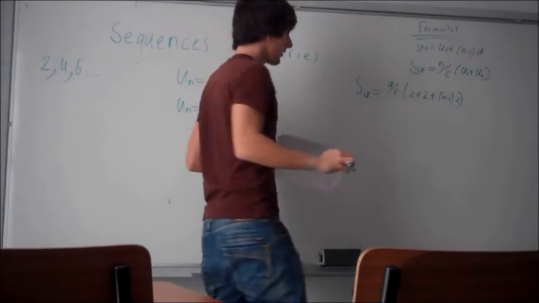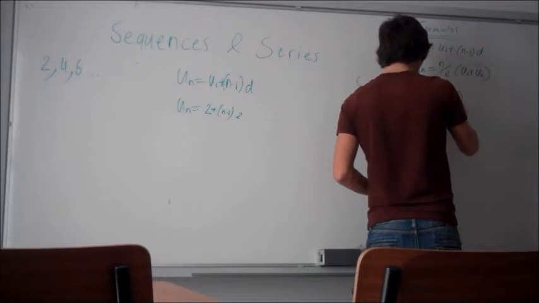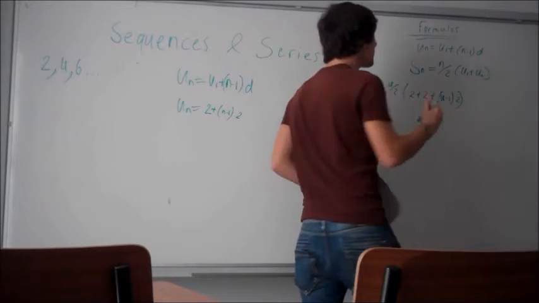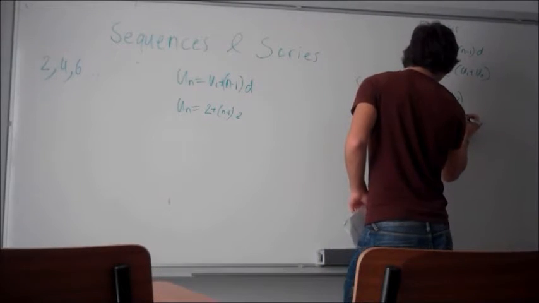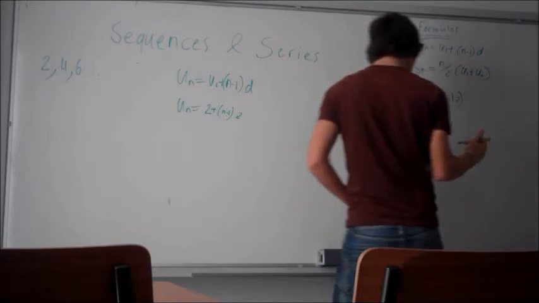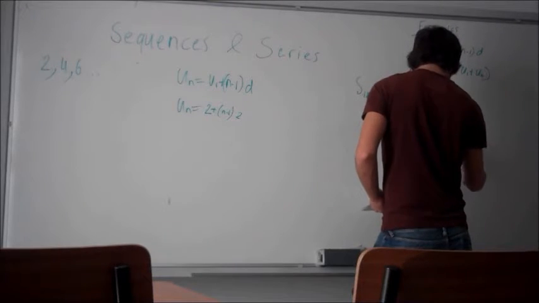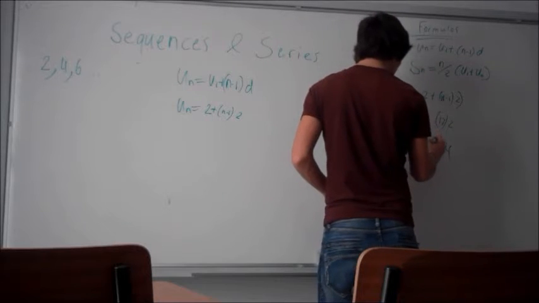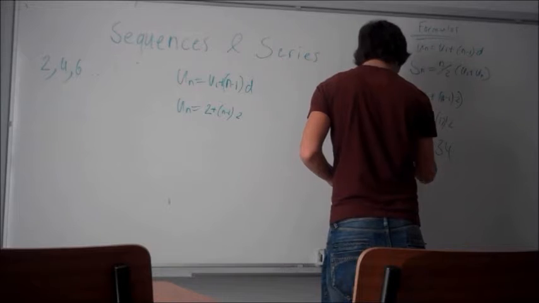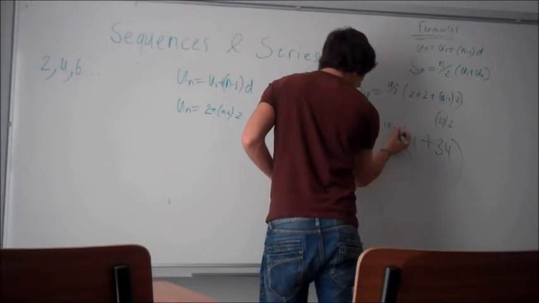And now you'd solve this. You change the n, obviously, to the number you're trying to find, which is 18. So you get 18 minus 1, 17. Then you do 17 times 2, which would be 34. And then you do 34 plus 4, in parentheses, and then 18 over 2 over here.